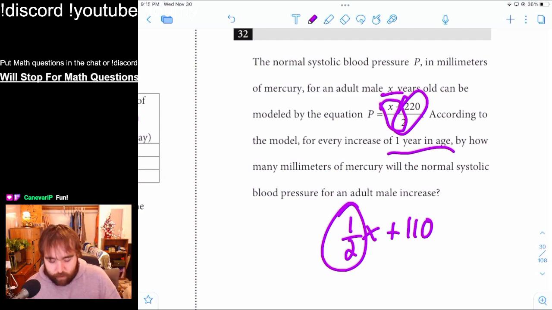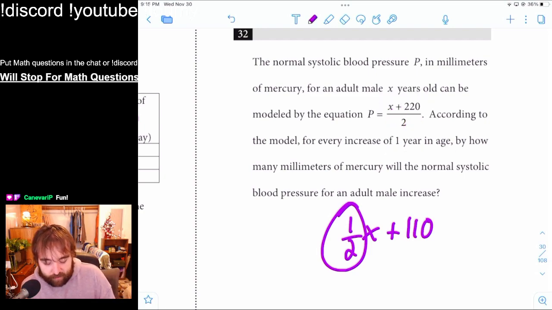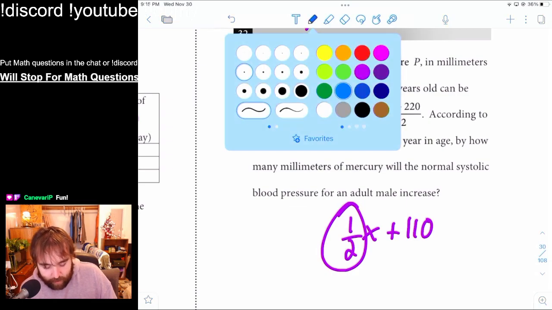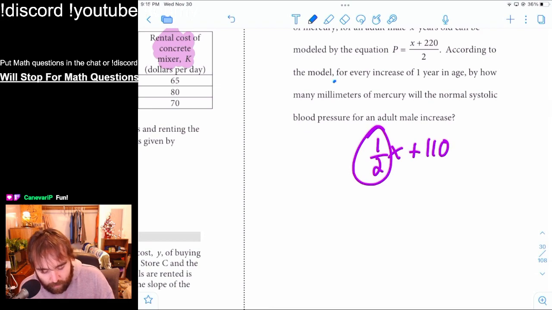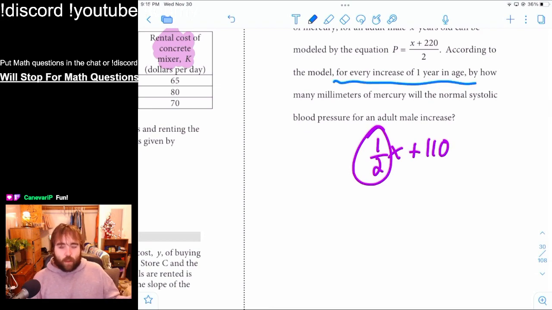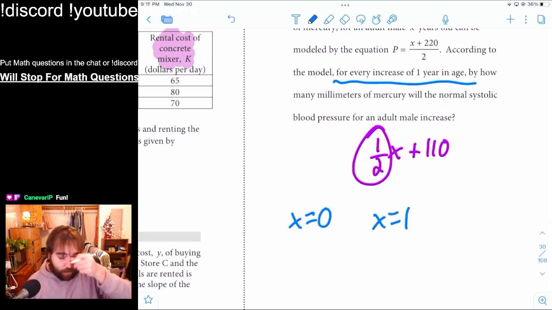Another really good alternative way to do this problem, that I suggest a lot of students do, if you don't see that, is to notice that the way they ask it, they're saying it's the same every year, that every year it increases by the same amount. So just pick 2 easy years. Say, what if x equals 0 and x equals 1?